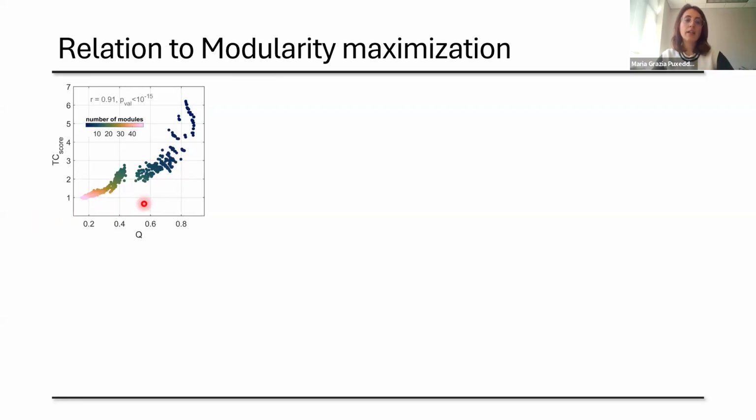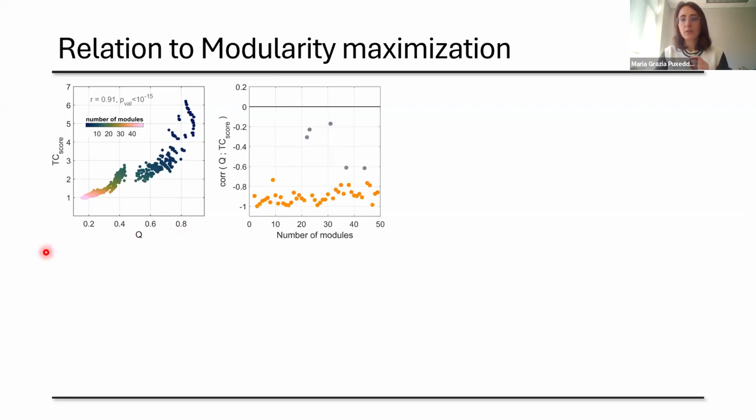So we obtain a high correlation between t-score and modularity, which means that partitions that are highly modular also tend to have modules that are highly redundant. However, this correlation is inverted if we focus on partitions of equal size.